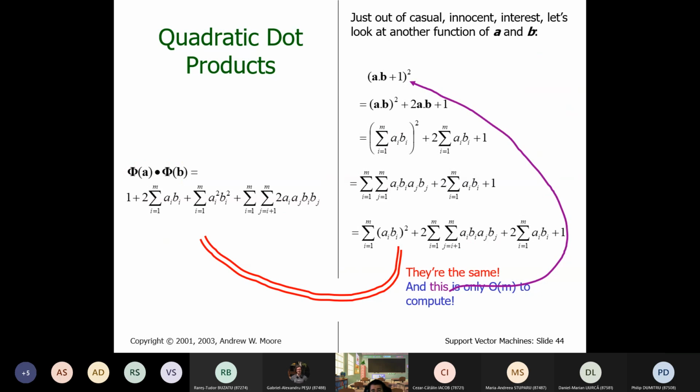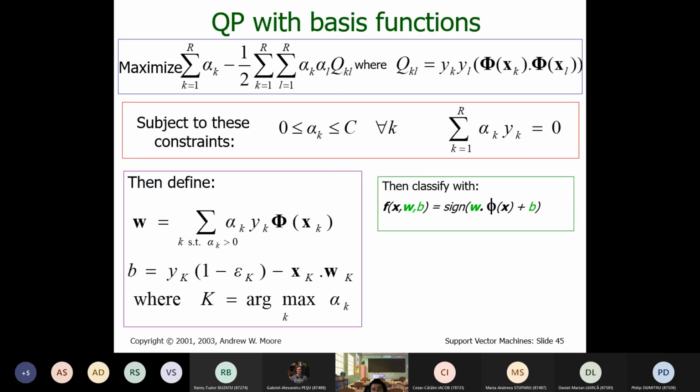Okay. So first of all, to get rid of the problem with non-linear separability, we will have to use the basis function. So the main change is that instead of using xk multiplied by xl, we will use in fact phi of xk multiplied by phi of xl.